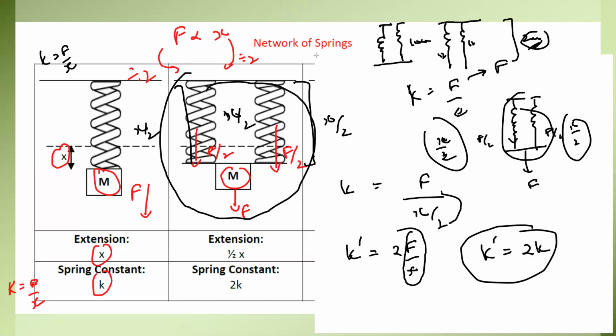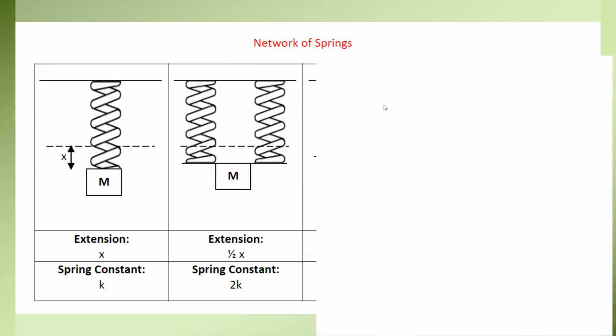So when we compare the spring constant of this system, which has a total extension of half, and the total force was F. What is a spring constant? A spring constant is the total force divided by the total extension of the system.